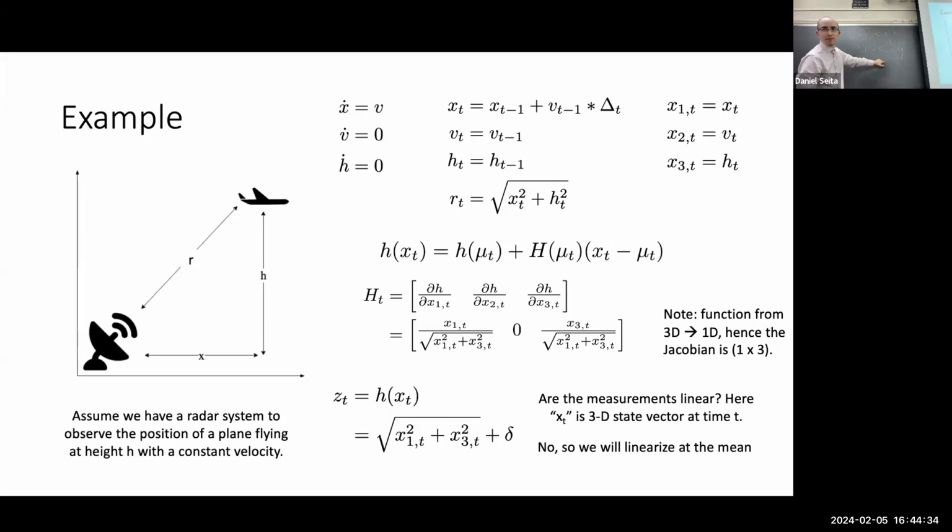Then this term goes away because it doesn't depend on x1, and you get 2 x1t, so the 2's cancel out.